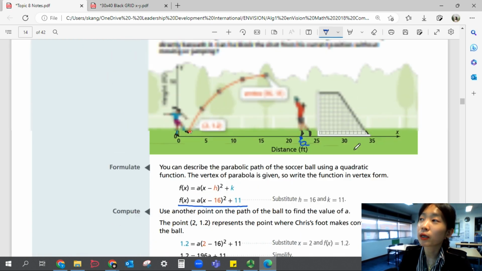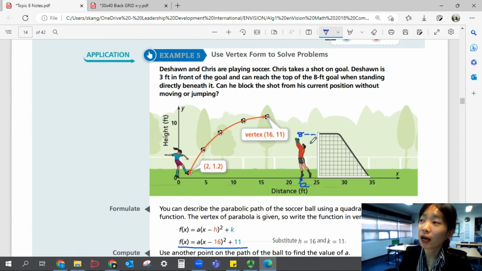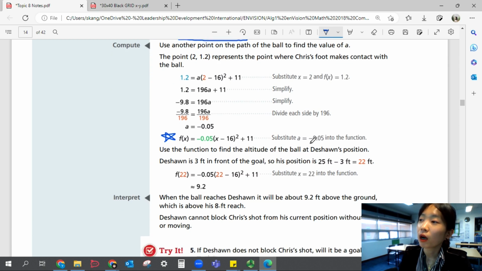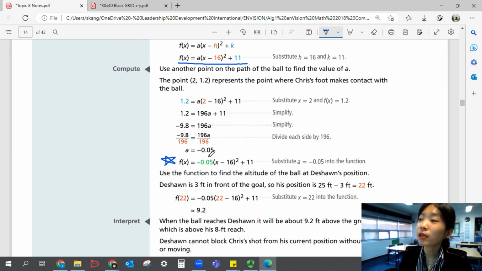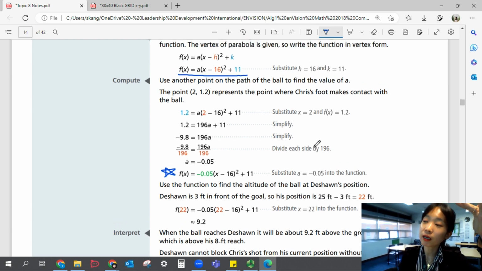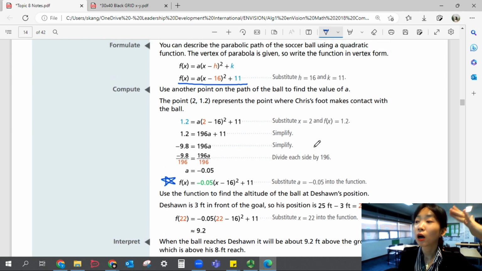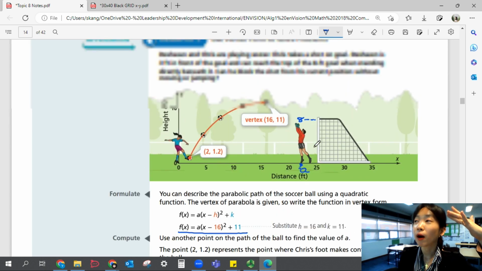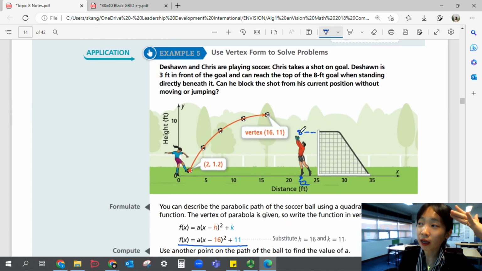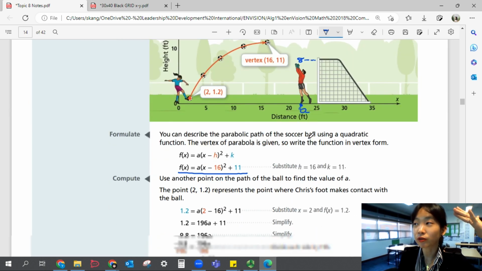So we want to see where the ball is going to lie here. Plug in 22 into x, and then figure out your y, your function value for the function, which is 9.2, which means the ball is going to be around 9.2 above the ground, but he can only reach 8 feet above the ground, right?